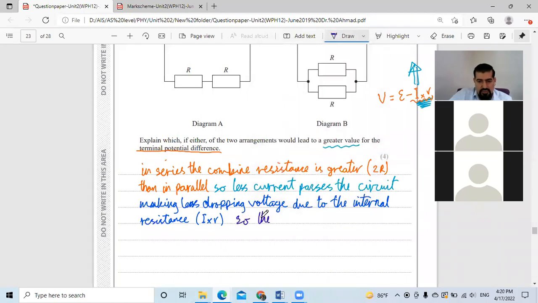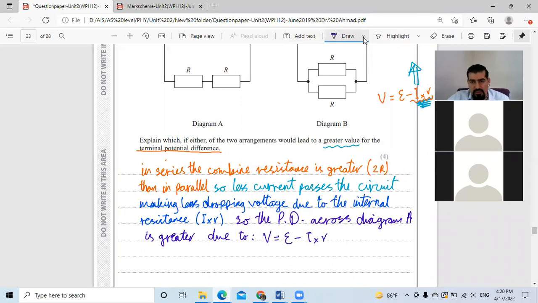So the potential difference across diagram A is greater, due to V equals EMF minus I times r, since E and small r are constant.